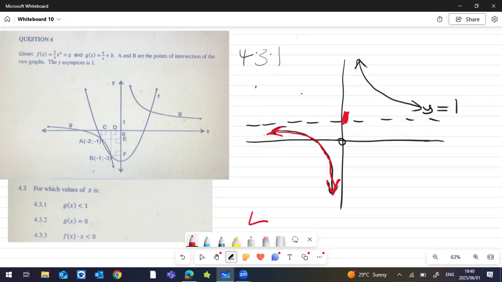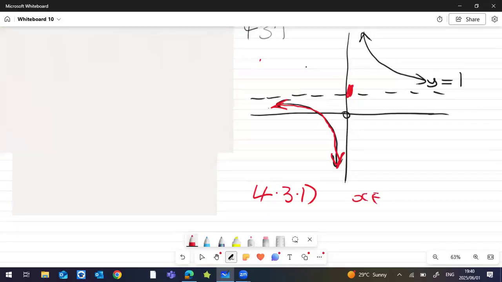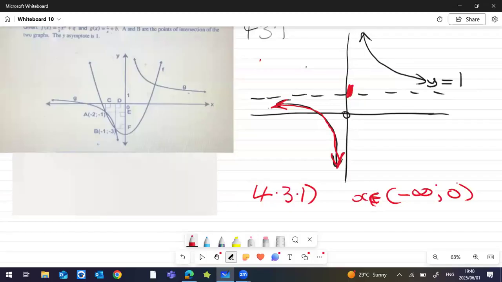So 4.3.1, your hyperbola is less than 1 when x is an element of minus infinity to 0. So between minus infinity and 0, the graph is less than 1. But you can clearly see immediately after 0, your graph will be above 1.